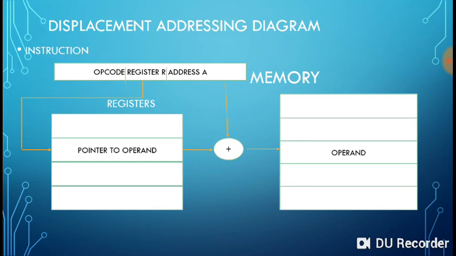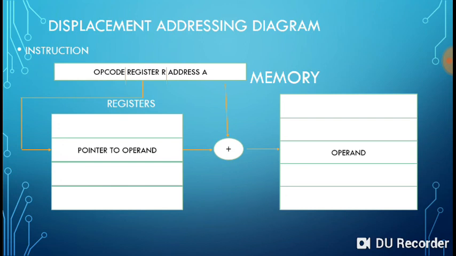That content and the content of address A are both computed, and thus it forms a physical address which is mapped in the memory to find the operand. This is somewhat a complicated process compared to the indirect and the register indirect methods of addressing the operand.